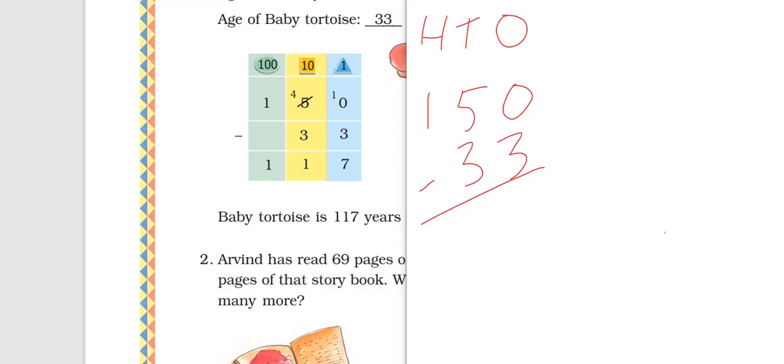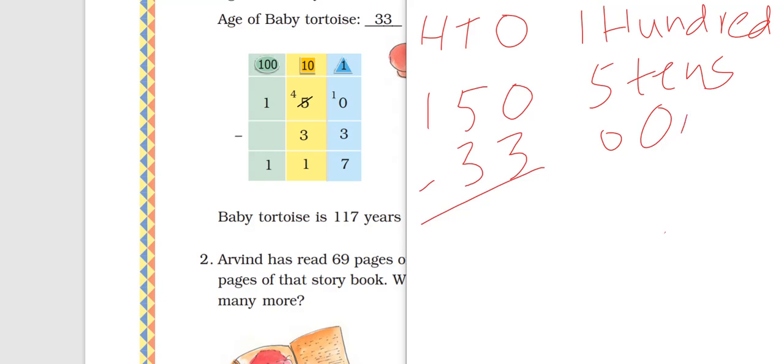So we cannot subtract 3 from 0, so we need to borrow, or regroup, from tens first. There were 5 tens, and when we give away 1 ten, there are only 4 tens remaining in the tens column, since we gave away 1 ten and it goes over to the ones column.